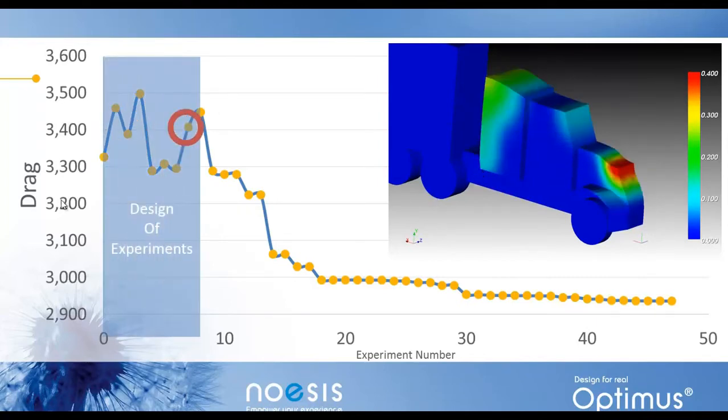On the left, we have drag, and on the x-axis, we have each run of the software, which in this case is CFD software. Initially, what Optimus does is it conducts a design of experiments just like you would. It, like you, has to understand how these different design parameters interact, and of course it's working on a highly mathematical basis rather than an intuitive basis, so it's pulling out this information very directly.